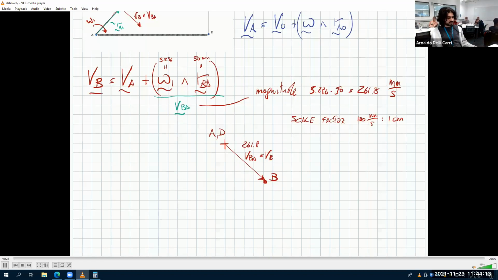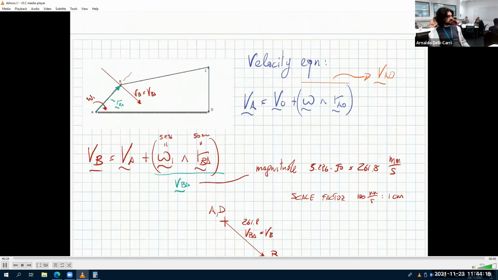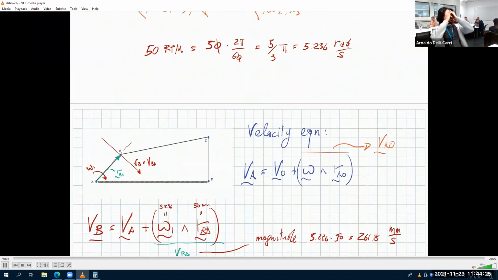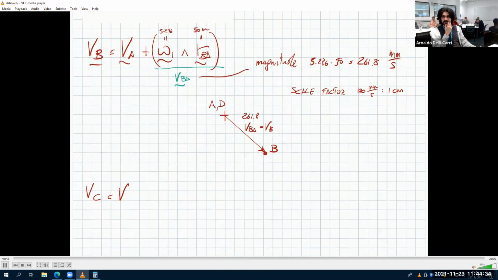Okay, how do we find C, the velocity of C? Well, the velocity of C is the velocity of a reference point. Now, which reference point do we use for C? We can use B or we can use D. So let's start with B because B is what we found already. B is now completely given. It's a point that we found.